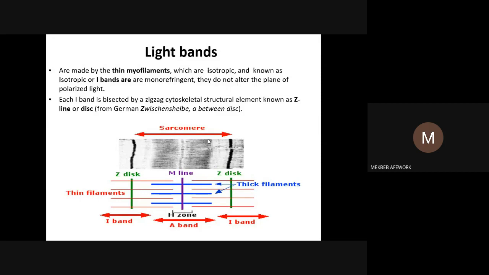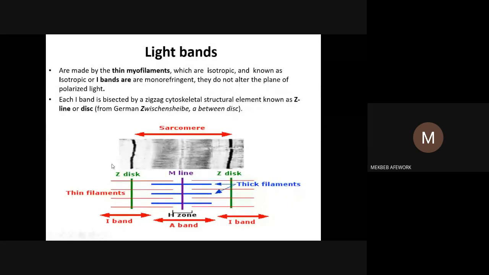The light bands, the light regions, are named isotropic bands because of their formation mainly from identical related types of proteins, which under polarized microscopy are monorefringent. They don't change polarized light.